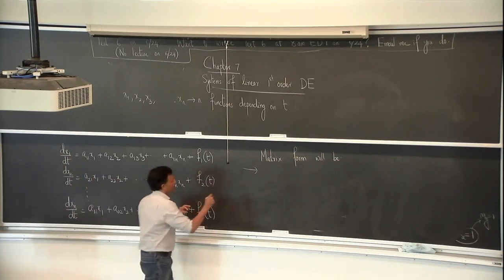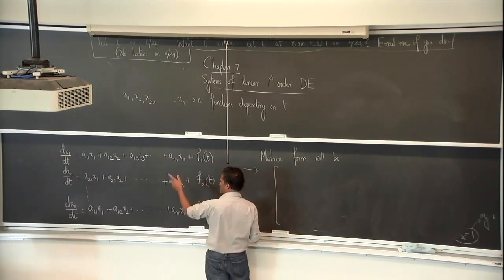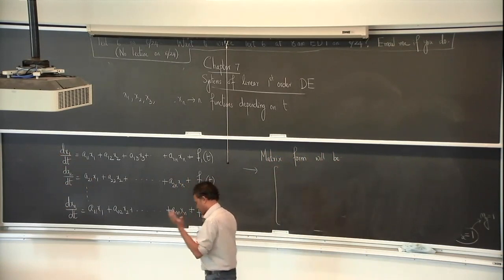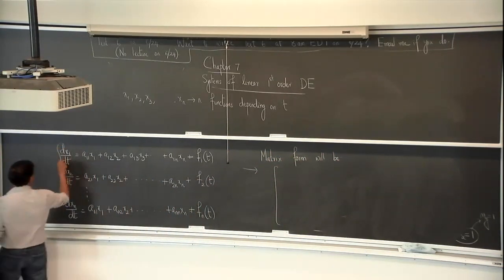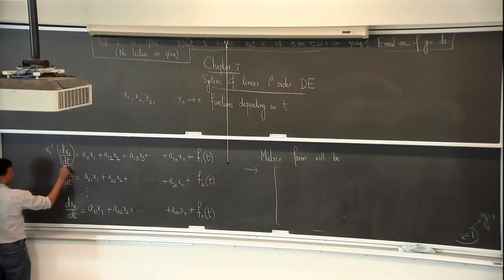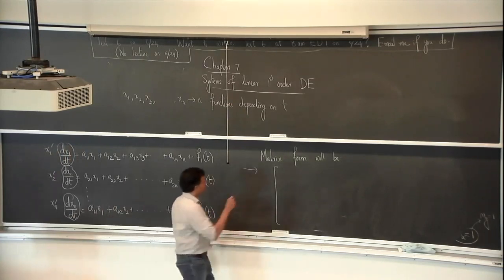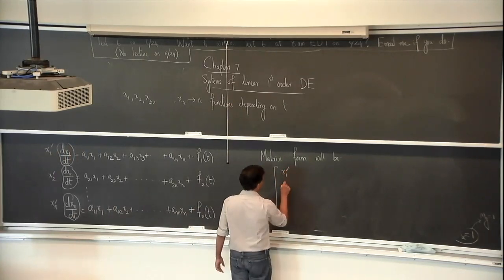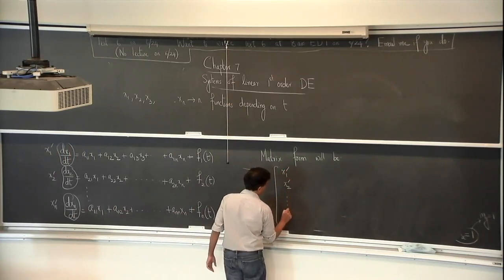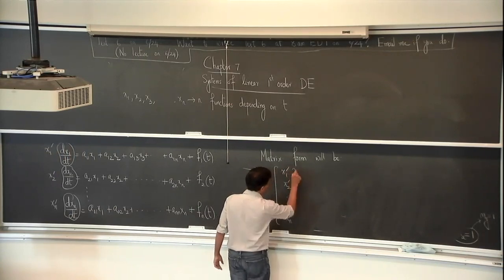I'm just going to avoid writing the dx1/dt, so let's call it x1 prime. Okay. This is x2 prime, and this is xn prime. x1 prime, x2 prime, dot dot dot xn prime.